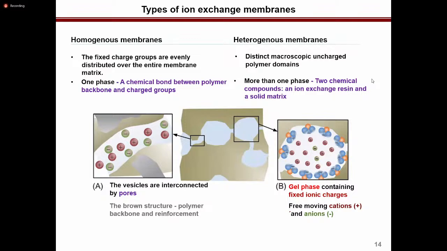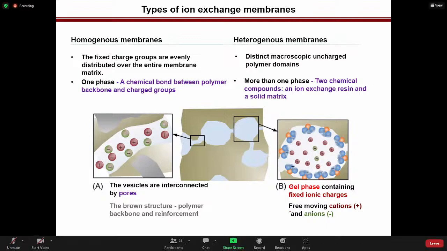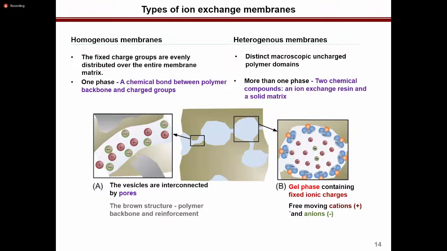But also, depending on the structure, we can classify the ion exchange membranes, for example, into homogeneous membranes and heterogeneous ion exchange membranes. What is the difference between the homogeneous and heterogeneous ion exchange membranes? It is also very important to understand this because for some applications, the homogeneous membranes are important.